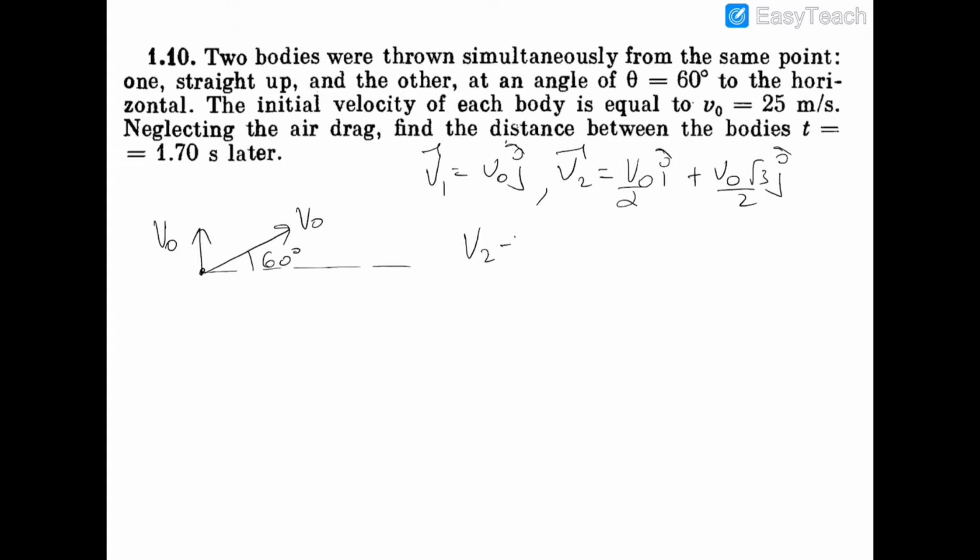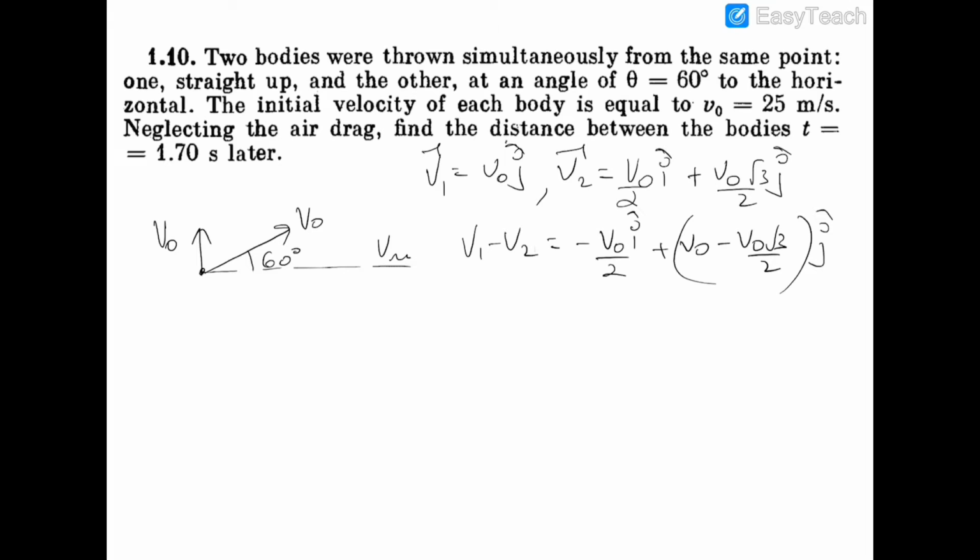So v2 minus v1, or v1 minus v2, is equal to v0 minus v0 by 2 i cap plus v0 minus v0 root 3 by 2 j cap.